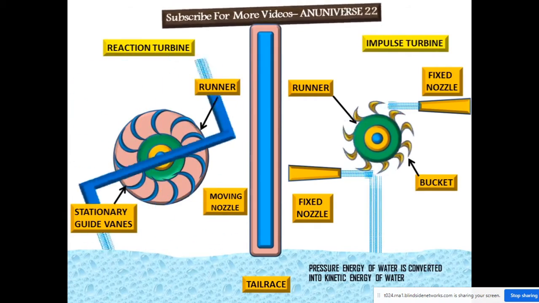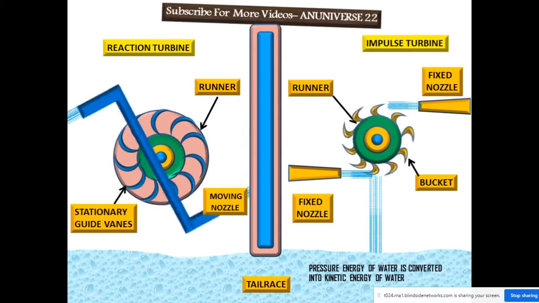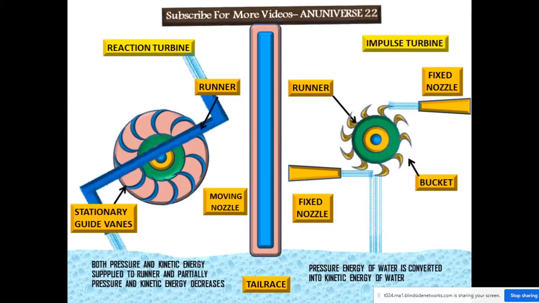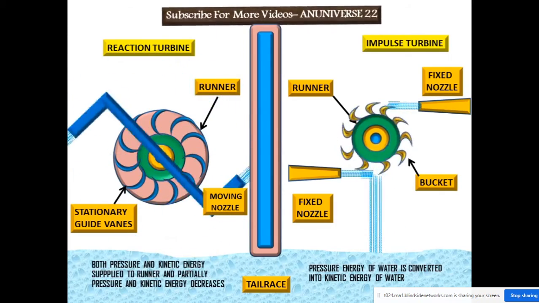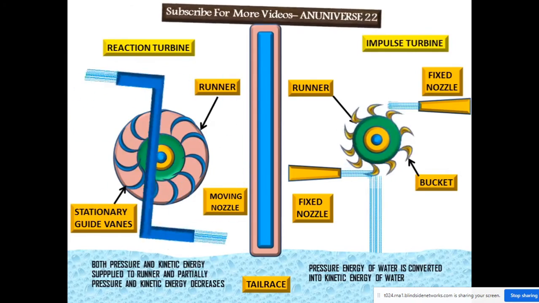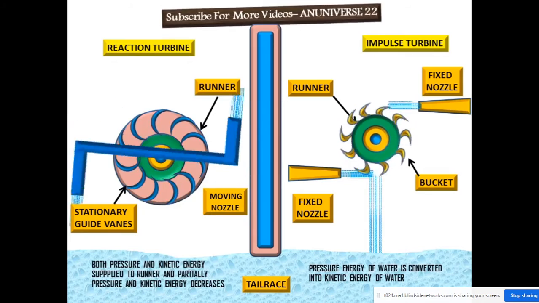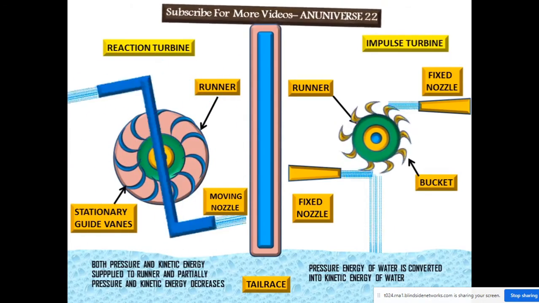And in case of reaction turbine, here is the moving nozzle. Here the part of the total head available is converted into kinetic energy, and the rest remains in the form of pressure head or pressure energy. The pressure of water entering the turbine is always above atmospheric pressure. As the water flows through the turbine, its pressure also changes.